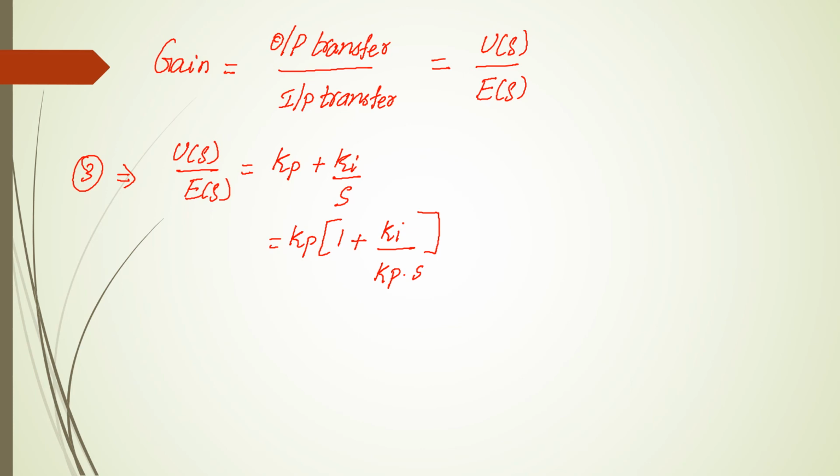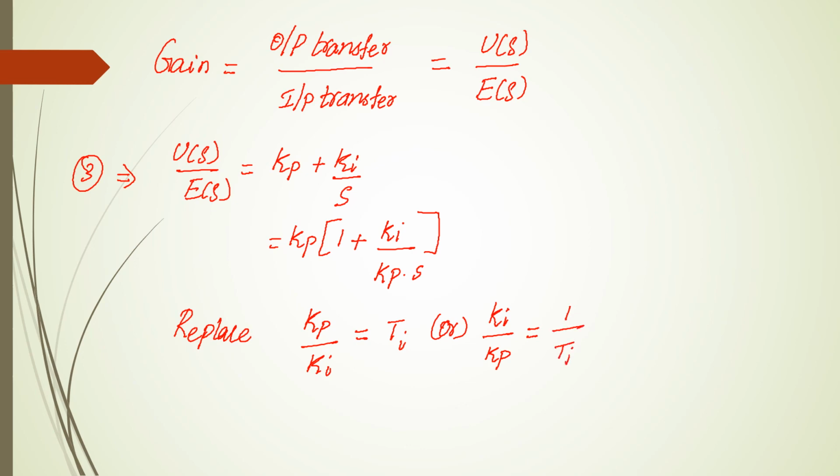Okay, so now we are going to replace Kp by Ki equal to Ti. If it is confusing, just follow the same order: Ki divided by Kp can be written as 1 by Ti.